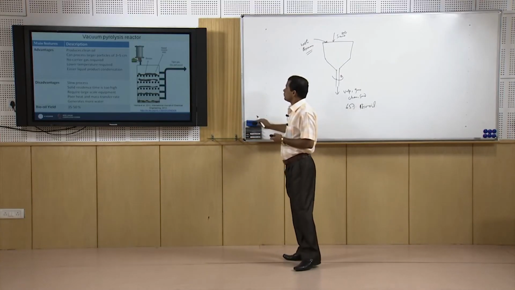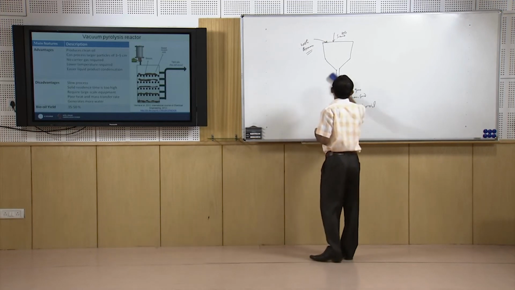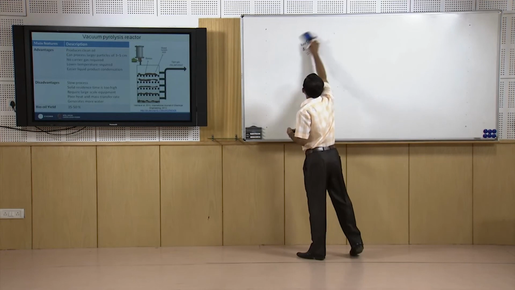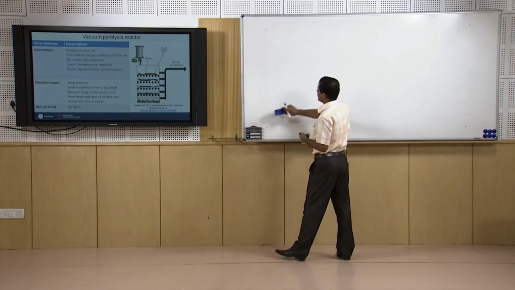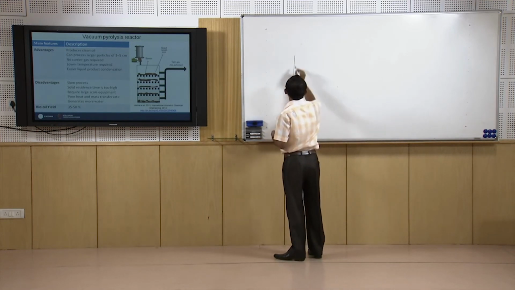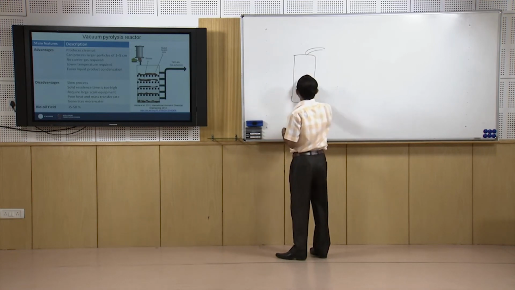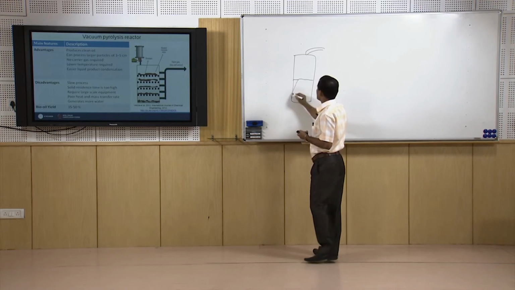Next we will come to the vacuum pyrolyzer. In the case of the fixed bed pyrolysis reactor, we had seen that the material is in the lower part of the reactor.